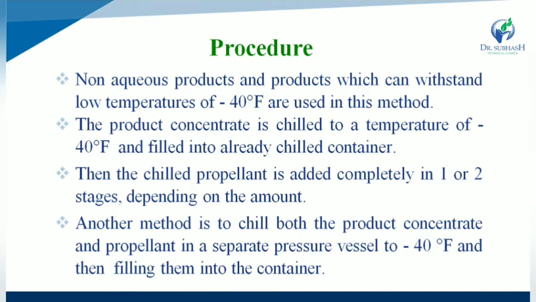Another method is to chill both the product concentrate as well as the propellant in a separate pressure vessel to minus 40 degrees Fahrenheit and then fill them into a container.